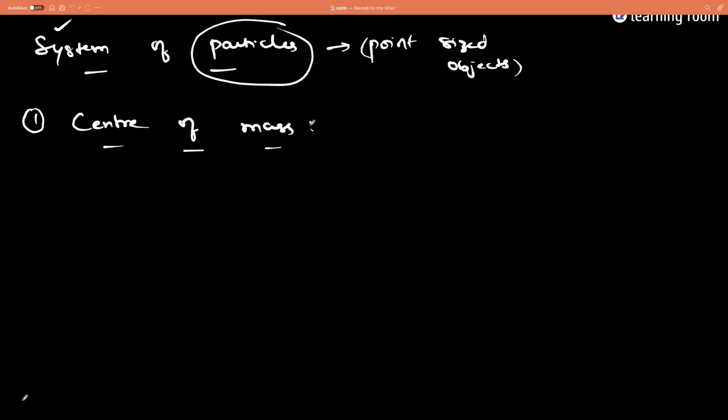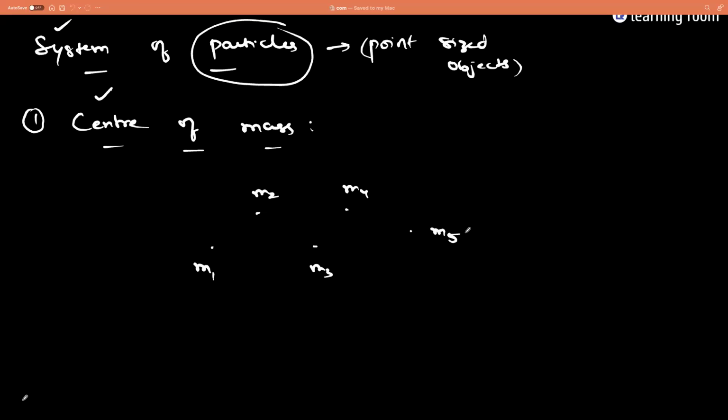As the name suggests, center of mass means center is a point which is going to define something with respect to a mass. That's what I'm able to understand. So let's say you have a five-particle system where there are M1, M2, M3, M4, and M5. All these particles have masses associated with them.